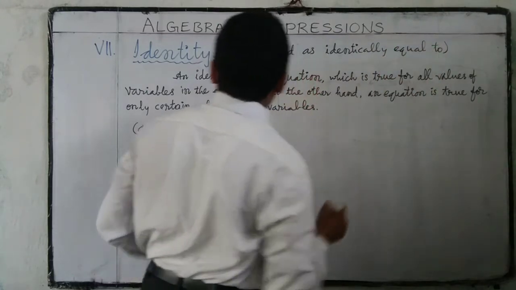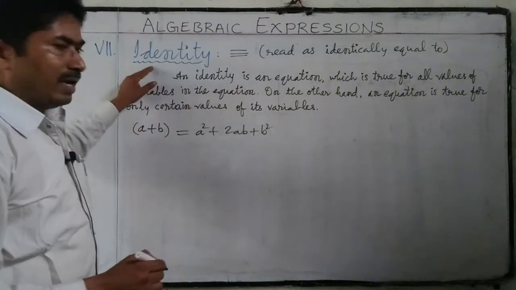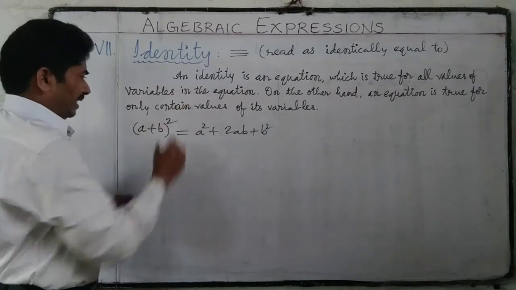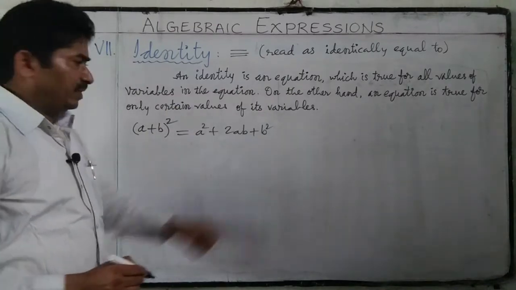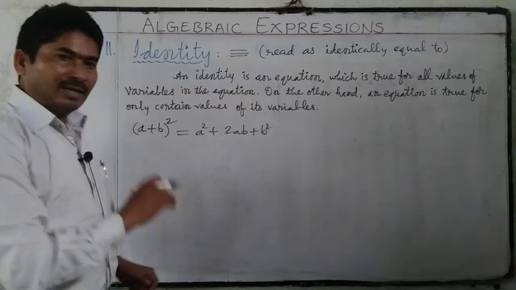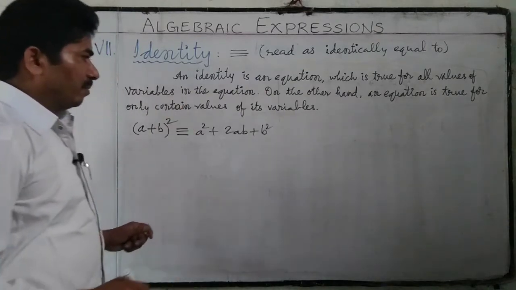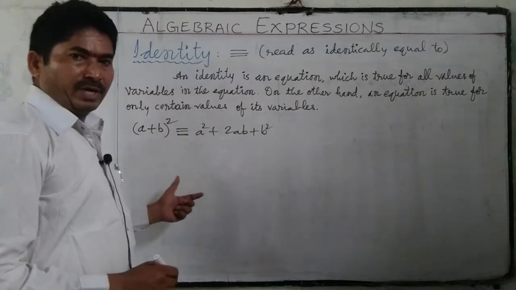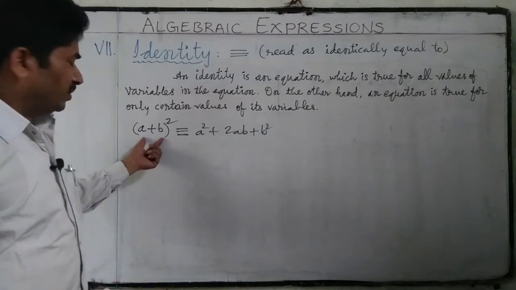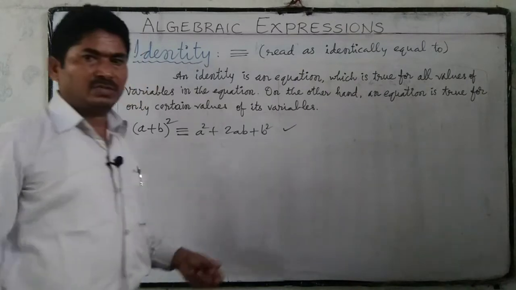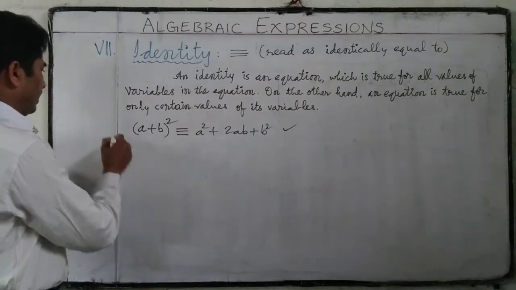This is the symbol to denote identity. So a plus b whole square is identically equal to a square plus 2ab plus b square. This is an equation and also an identity, because if we substitute any values in place of the variables a and b, it is true. That's why this is an identity.